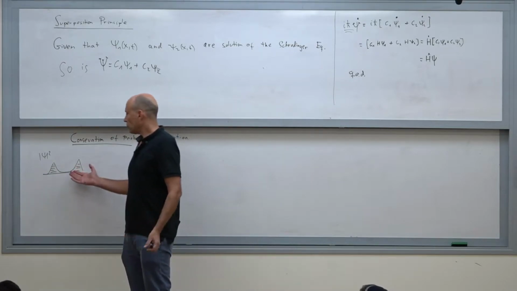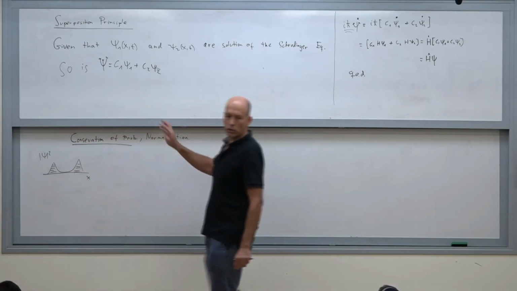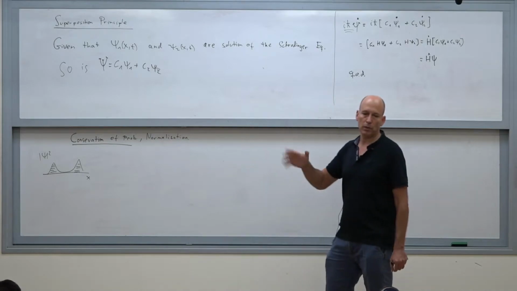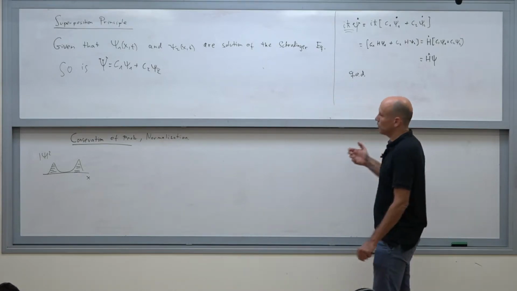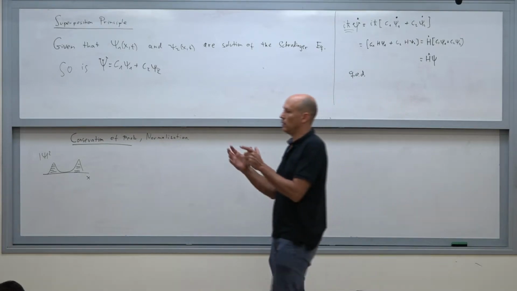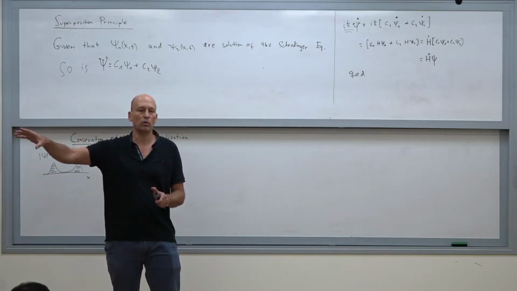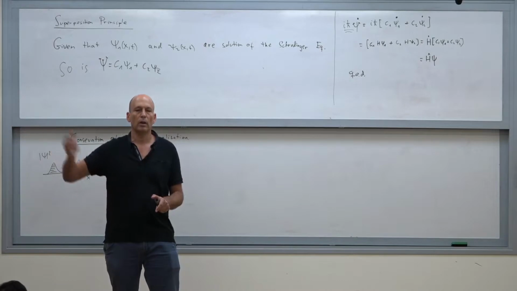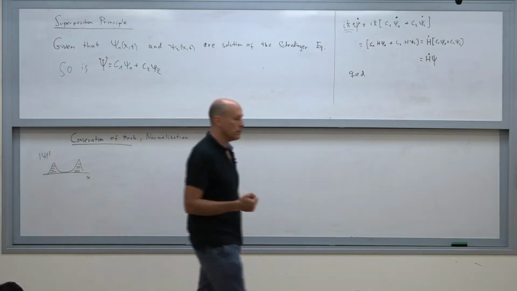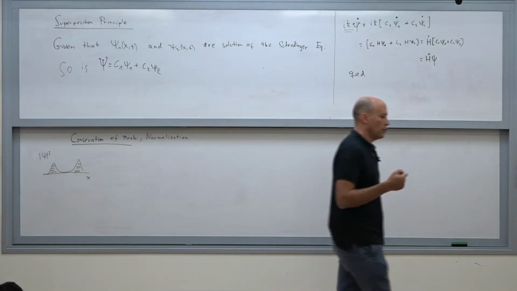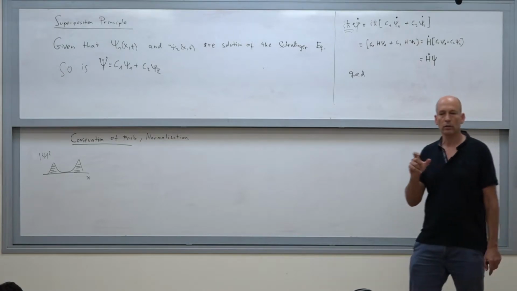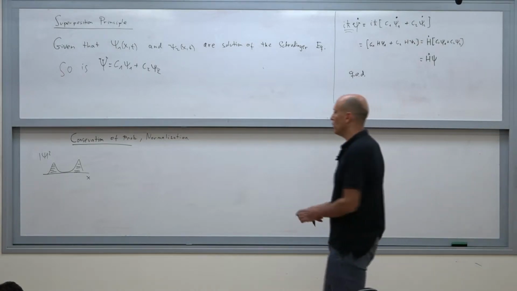Now, the solution of the Schrodinger equation doesn't have to be normalized, because if I find a solution, I can multiply it by some constant and it's also a solution. So what you need to do is normalize your wave function at time t equals 0.